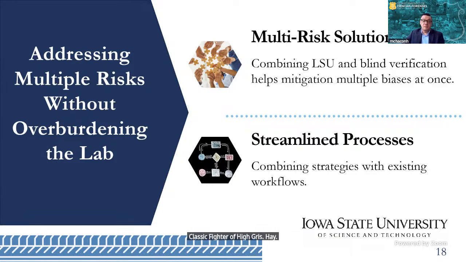Similarly, conducting blind verifications makes it possible to address 5 of the identified risks, all classified as high risk. This enables us to be effective in our actions, maximizing the benefits.